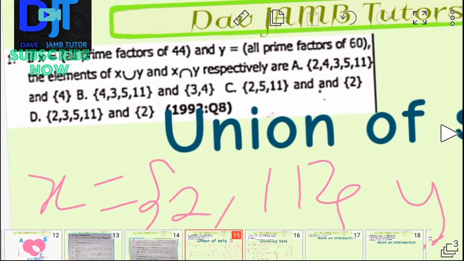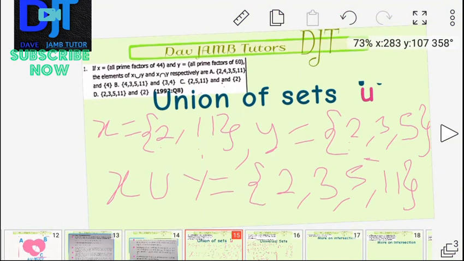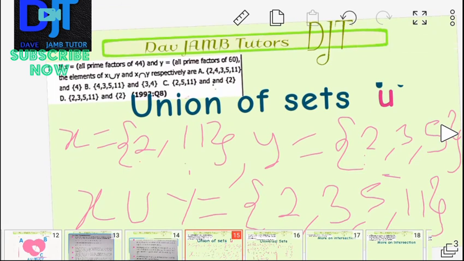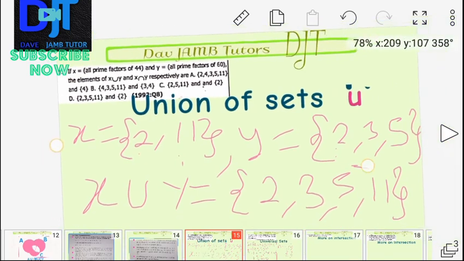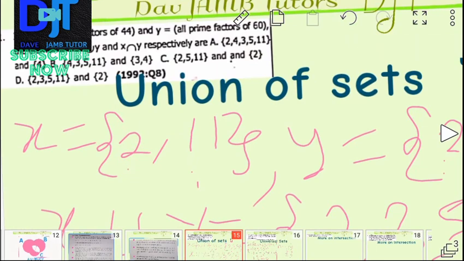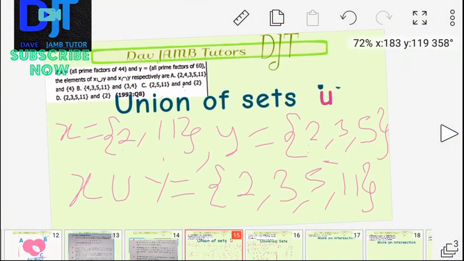And that is A. Oh, I didn't include something. They said all prime factors of 60. I forgot to include 4. Sorry about that.